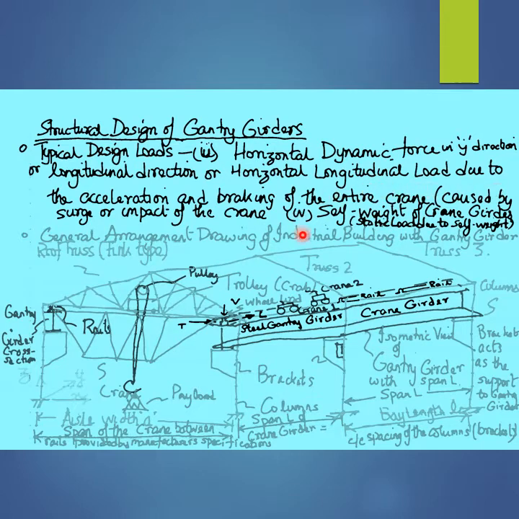And as in case of any civil engineering structure, the self weight of the crane girder or the gantry girder depicted in this schematic figure is considered as a static load or a dead load that is caused by the self weight of the steel gantry girder.